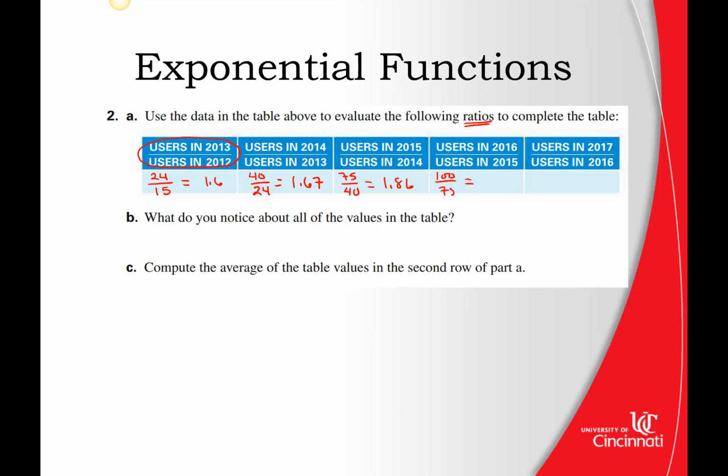And if you do the 100 divided by the 75, you get 1.33. And then in the last one, what we're going to do is the 140 over the 100. And if you do the 140 divided by the 100, you're going to get 1.4.